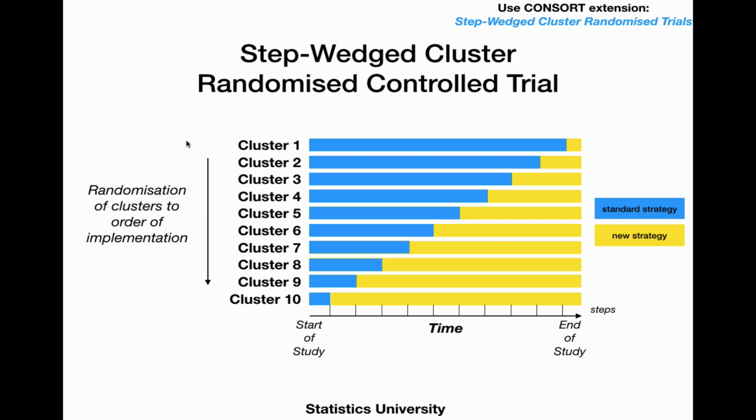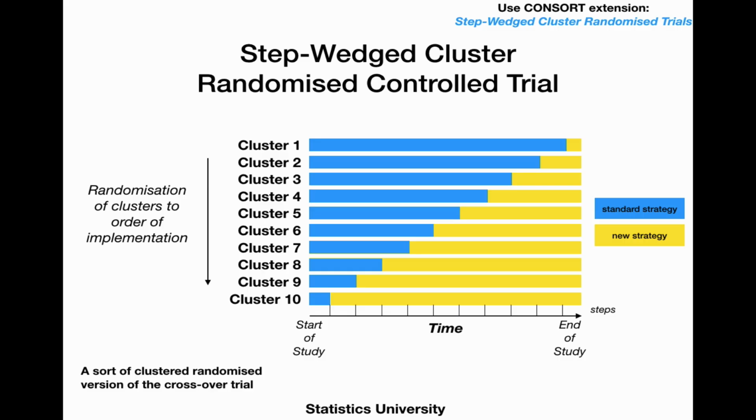a time point at which they start to implement the new strategy. You can see here that the first cluster keeps using the standard strategy at the start of the study until the study is almost over, and then they switch to the new strategy. Whereas further down the line, the clusters start to use the new strategy earlier on.